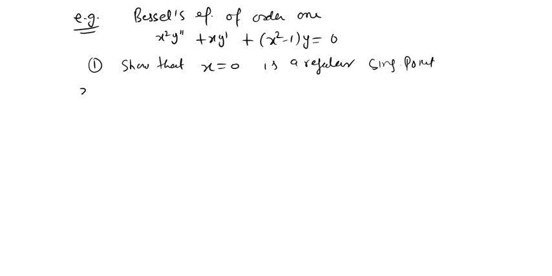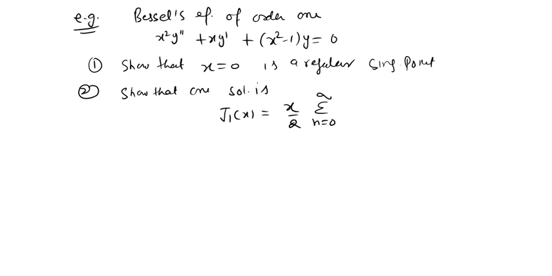Number 2, show that one solution is, which is denoted by J1 x, equal to x by 2 times the sum of minus 1 power n x power 2n divided by n plus 1 factorial n factorial 2 power 2n.